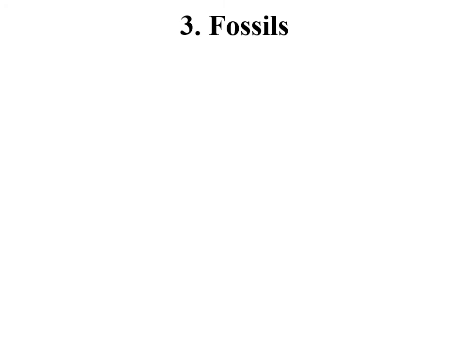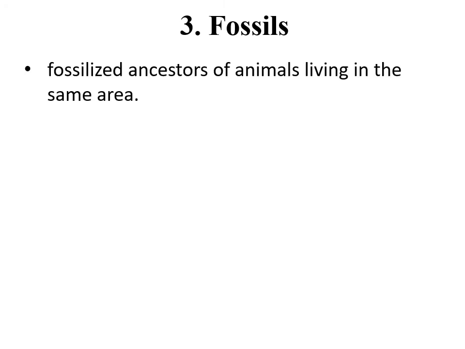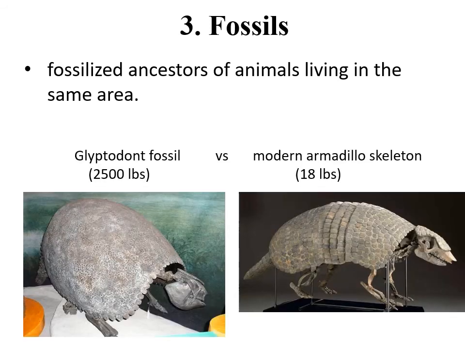A third bit of evidence that really helped Darwin out was fossils: fossilized ancestors of animals living in the same area. For example, if you're walking around in South America, you can say, okay, there's a bunch of armadillos around, and there's an armadillo that weighs apparently 18 pounds, and they're walking around right now.